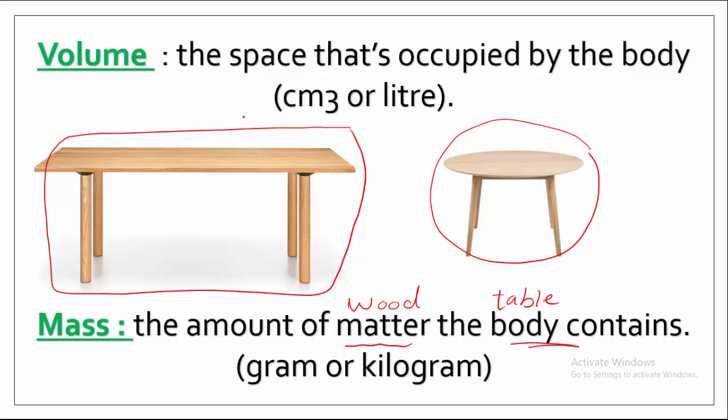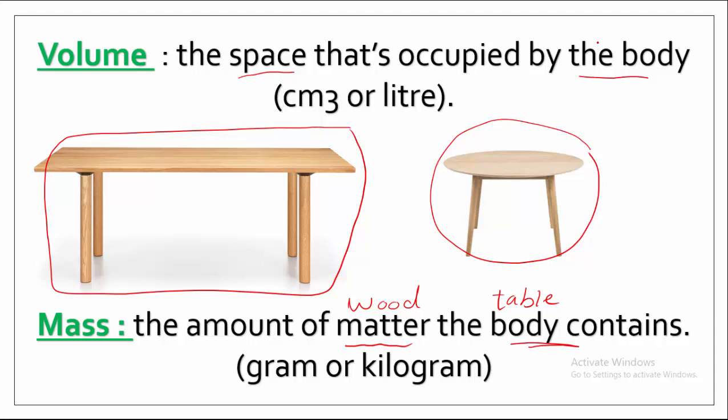So let's read the definition. Volume is the space that's occupied by the body. Space that's occupied by the body. Body could be table, book, pen, you, chair, and so on.